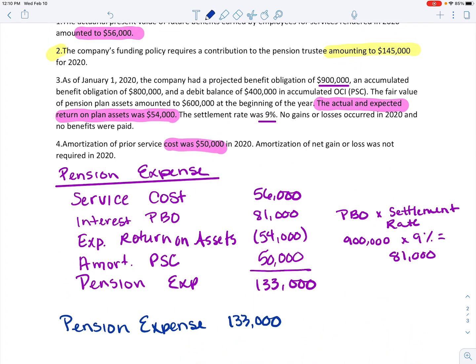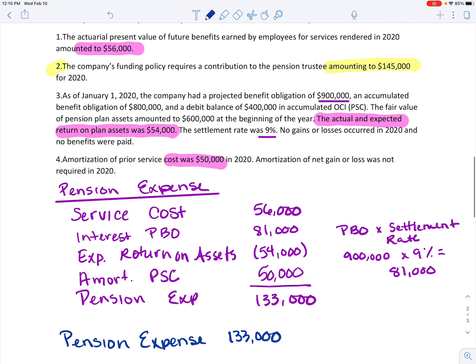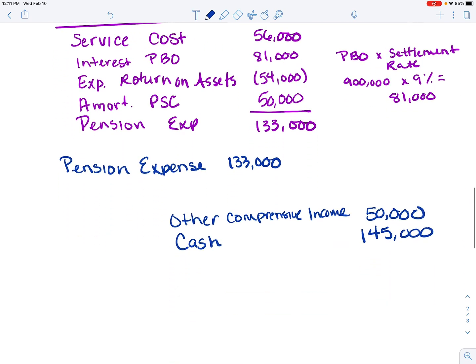And then finally, the last piece of the puzzle that I have to record is going to be that pension asset or liability. My debits have to equal my credits, so I know I can just plug this figure in to realize I need $62,000 added to that account.